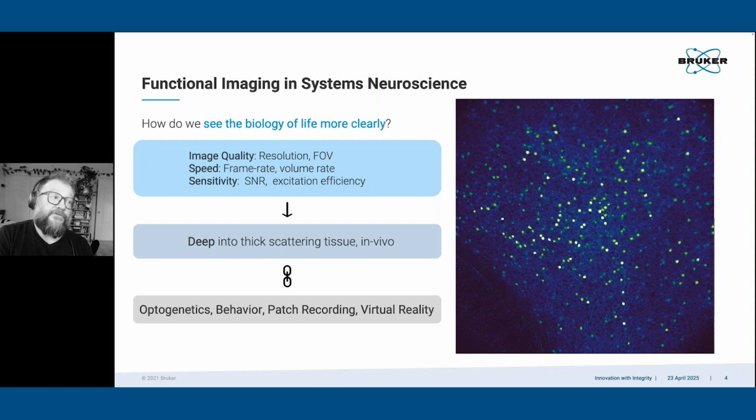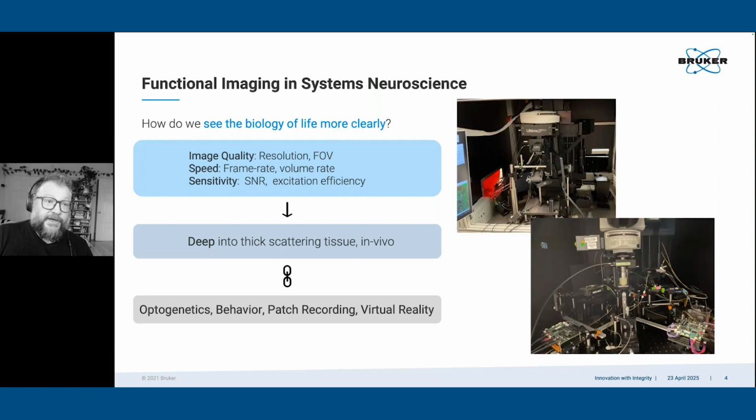We want to image with a frame rate or a volume rate that's sufficient to capture neural activity. I'll talk a little bit more about that later too. And we also need to penetrate deep into thick scattering tissue in vivo. And ultimately, we combine this with our optogenetics tools and synchronize this with behavior, potentially with patch recording, or with stimulus, such as virtual reality systems.